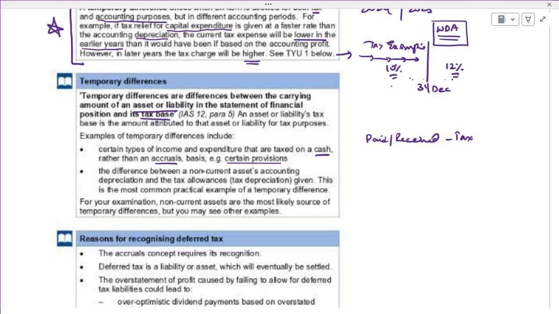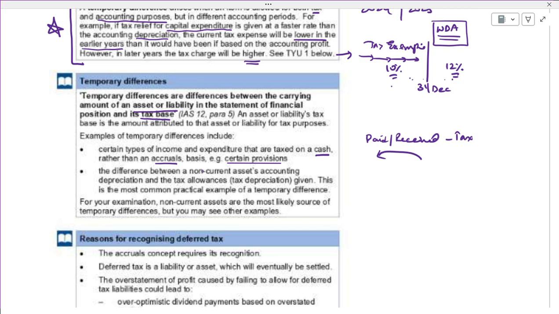If it is an accrual, the expense or income will be next year, so it will be taxed next year. It will not be taxed in the current year.